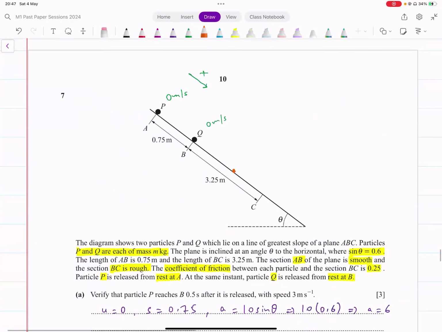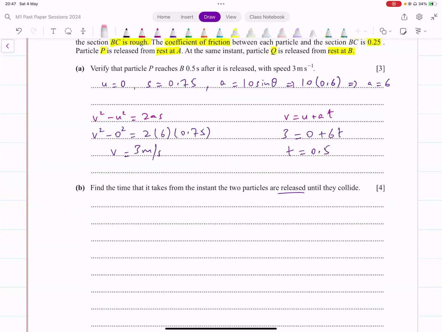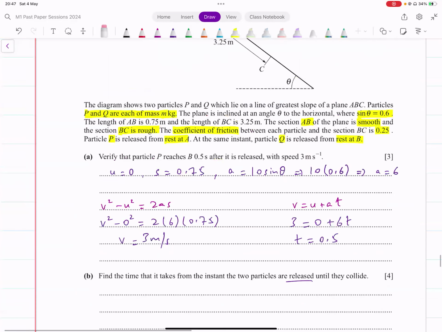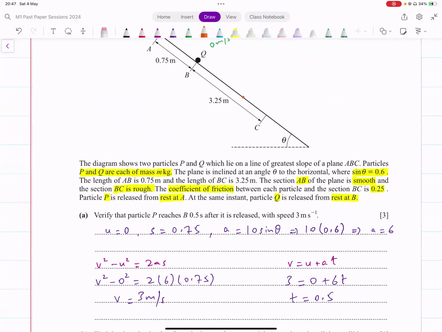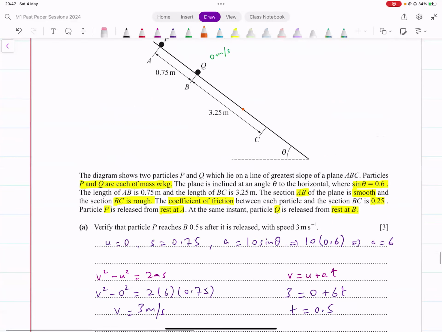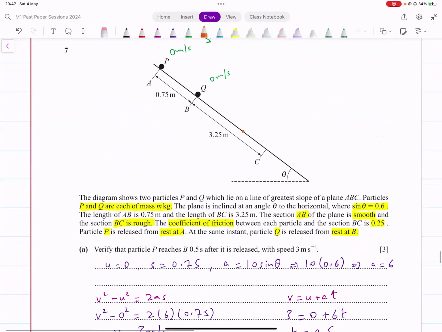We need to find the time taken until this point. Now we don't know where that point is. It could be here, it could be here, it's anywhere here. It's at some point below the level of B where they collide with each other. Now, how do you find the time taken until that point? Let's call this point X.